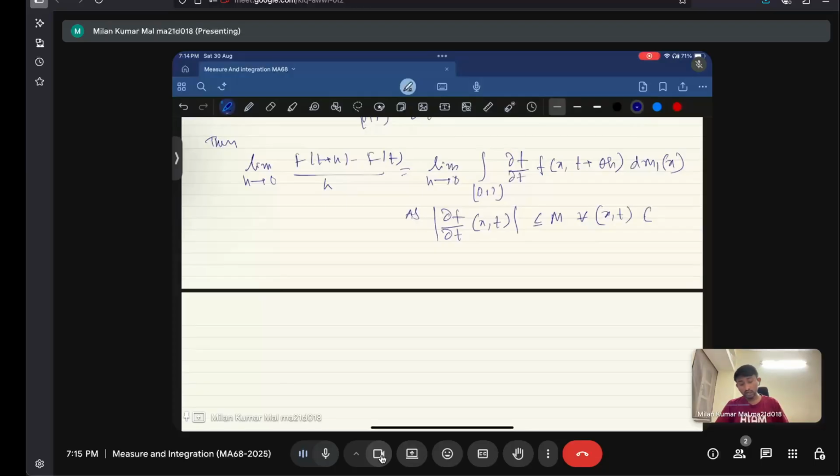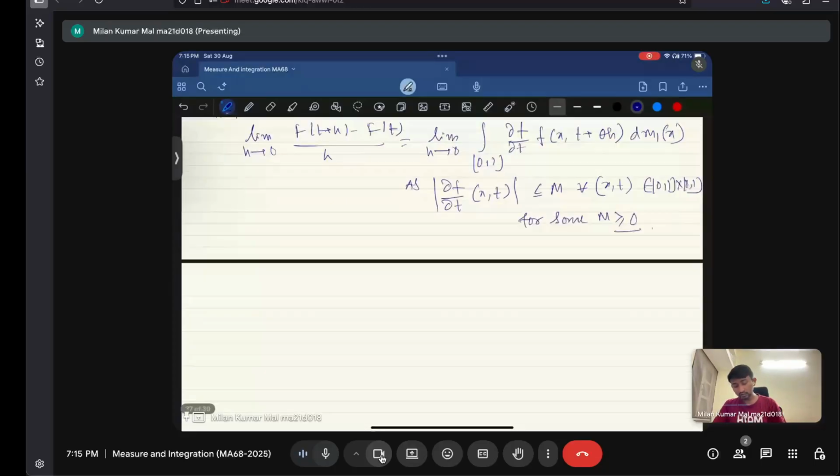For that reason we consider g_n = ∂f/∂t (x, t+θh_n), which is a function of x, where h_n is converging to 0, like we have done previously. In that situation these g_n functions are uniformly bounded because there is M. So then one can use the dominated convergence theorem. I hope it is clear.